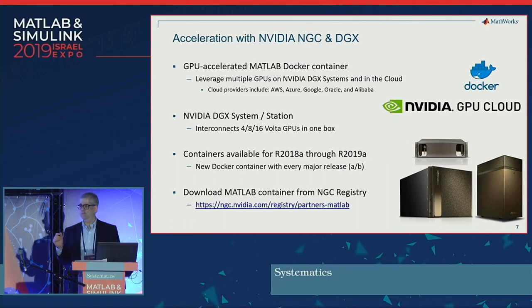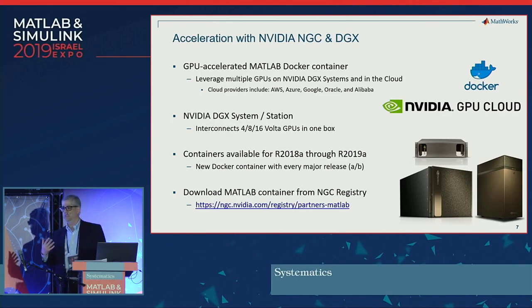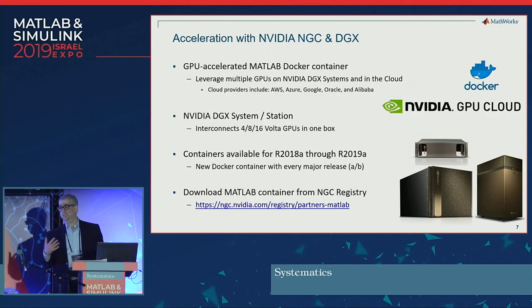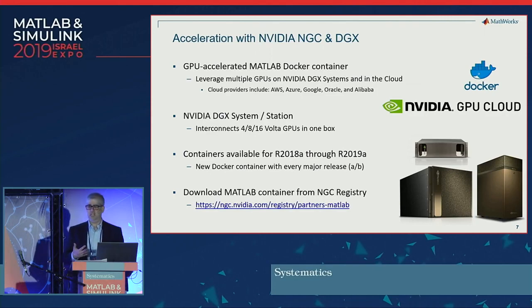This container can be run on Azure, on AWS, on DGX boxes. This is a very easy way to use our tools on some very high-end hardware. So for Azure and AWS, this is best used on their GPU instances, and then with the DGX hardware.